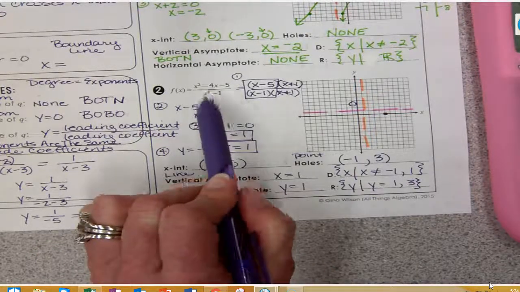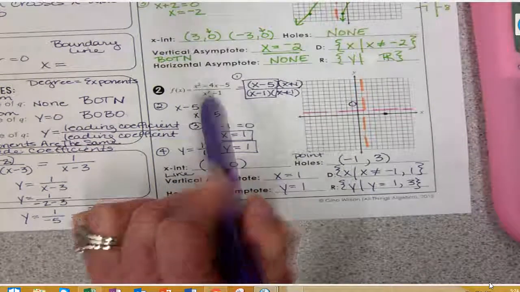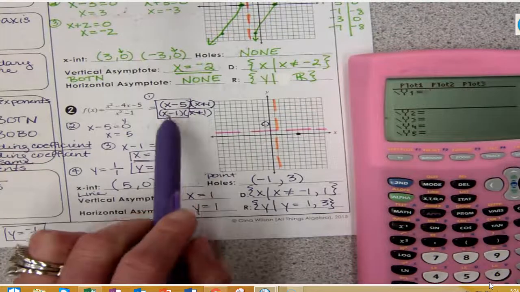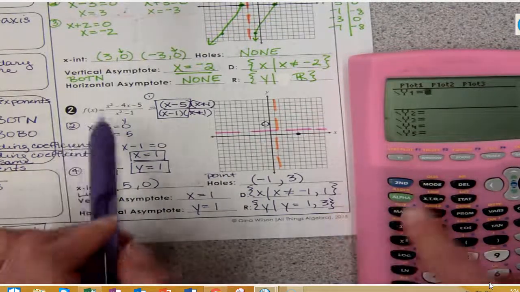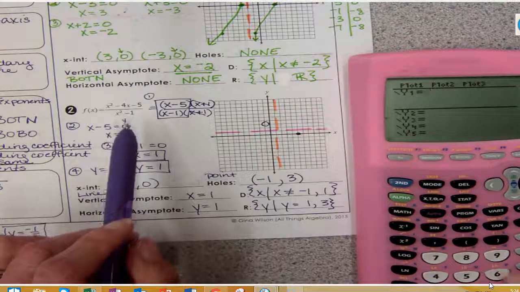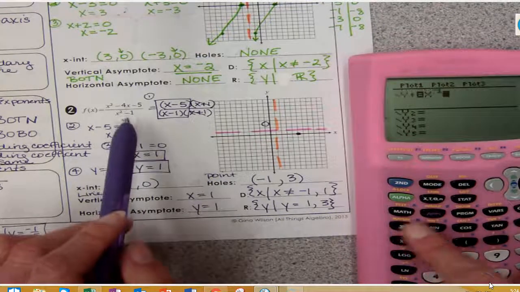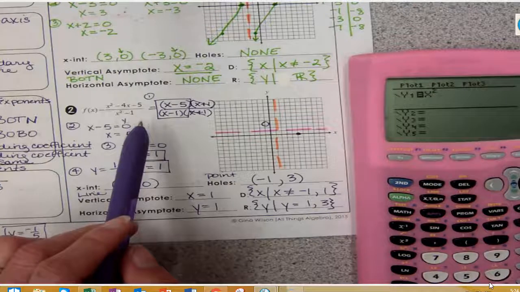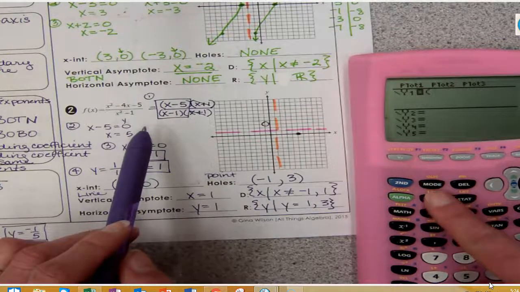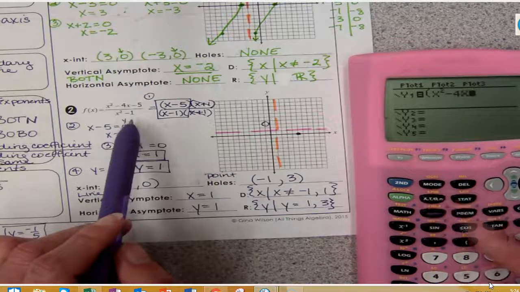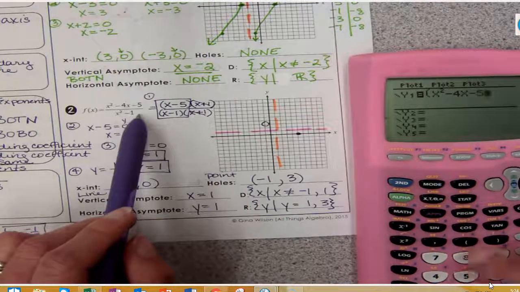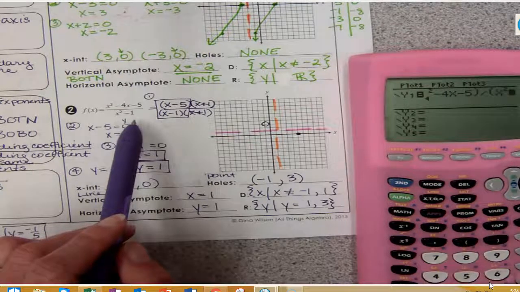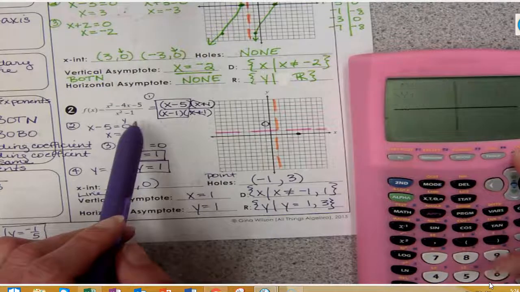You can plug this in and it'll actually help you see the holes. It's a good way to check it if you plug that in. Let's go ahead and plug this one in. So I'll enter parentheses x squared minus 4x minus 5, divided by parentheses x squared minus 1, and graph that.